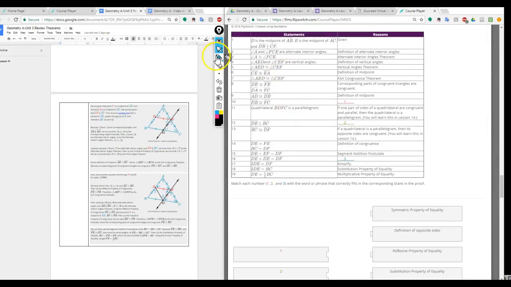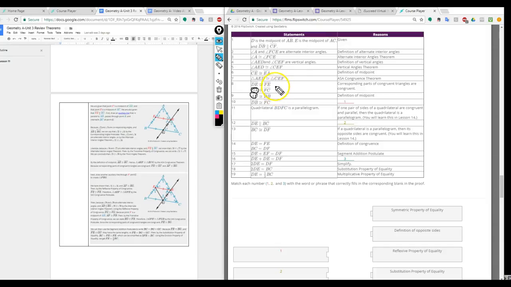What I am noticing is in the segments above, I see AD right here, and I see a DA. That is the same segment.